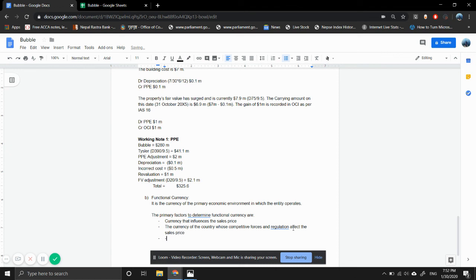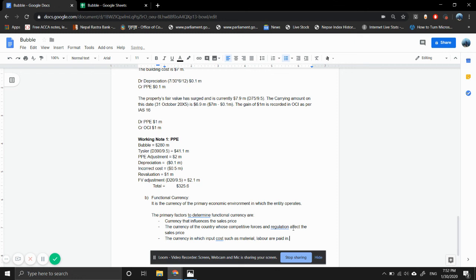And then the currency in which input costs such as material and labor are paid. Right, so these are the conditions.